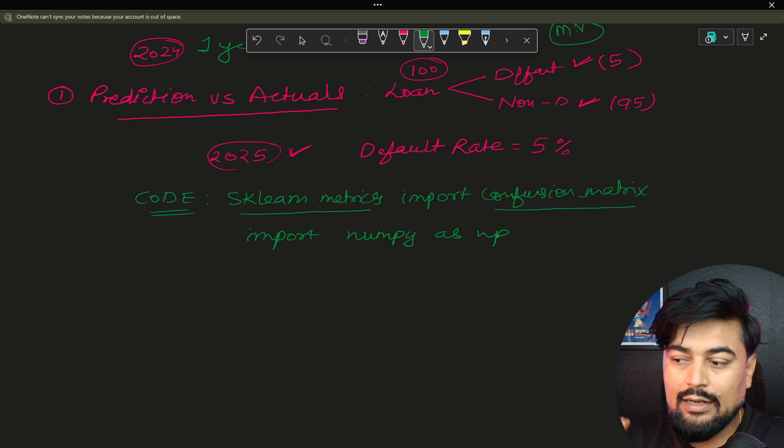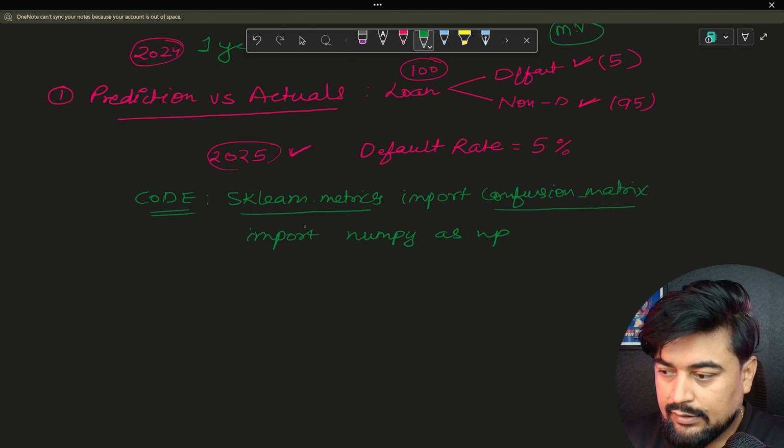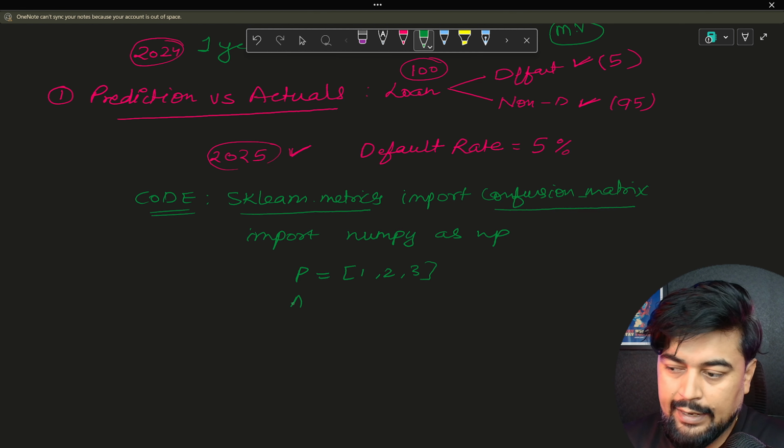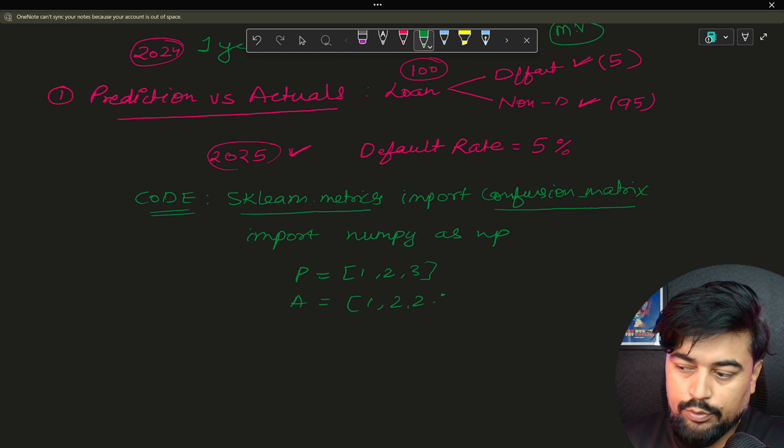After this, I'll just define two arrays. One is your predicted values, like let's say 1, 2 and 3. Then actual values, let's say 1, 2 and 2.5. So you can see the difference.